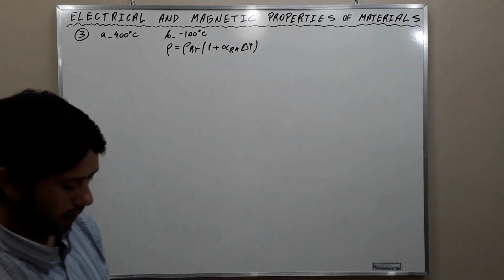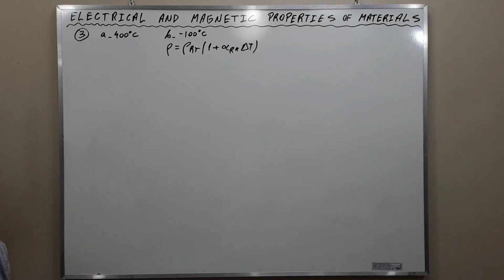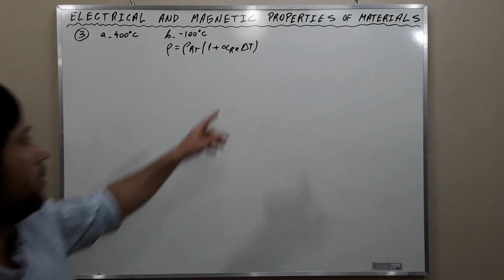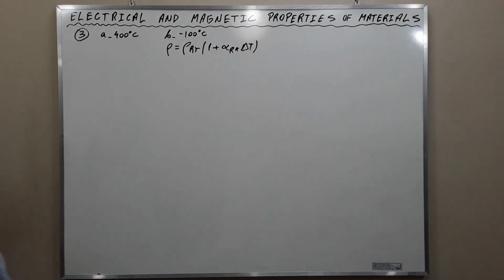Alpha R is the temperature resistivity coefficient, and delta capital T is the temperature difference, okay? Taking as a reference the room temperature, 25 degrees Celsius.